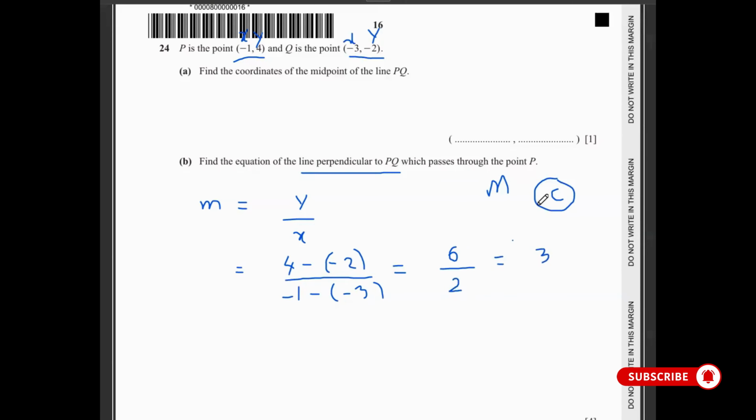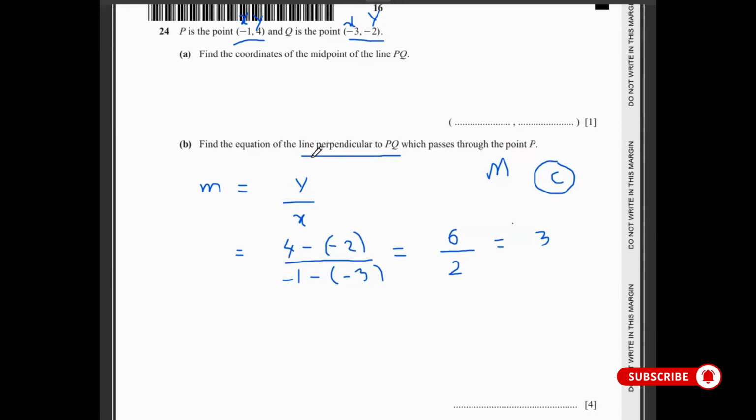What we need to find is the gradient of the line perpendicular to PQ. So if the gradient of PQ is 3, what will be the gradient of the line perpendicular to that? Earlier, at the beginning of the class, I taught you that if the equation is y equals 2x, the perpendicular one will be y equals minus half x.